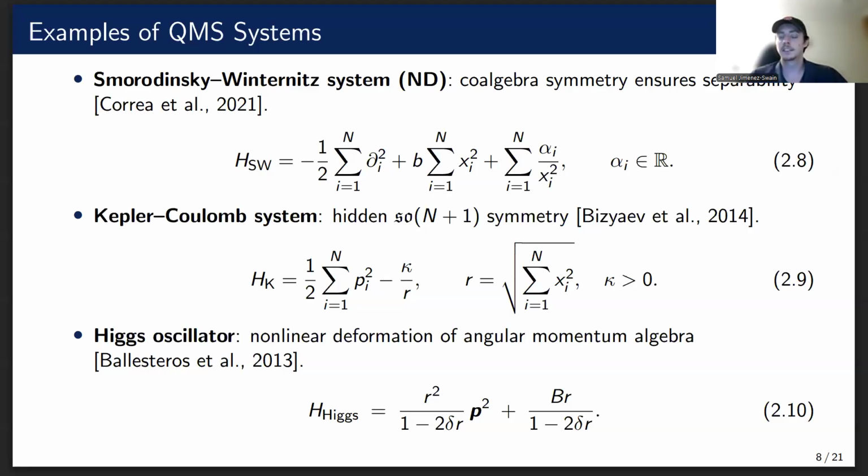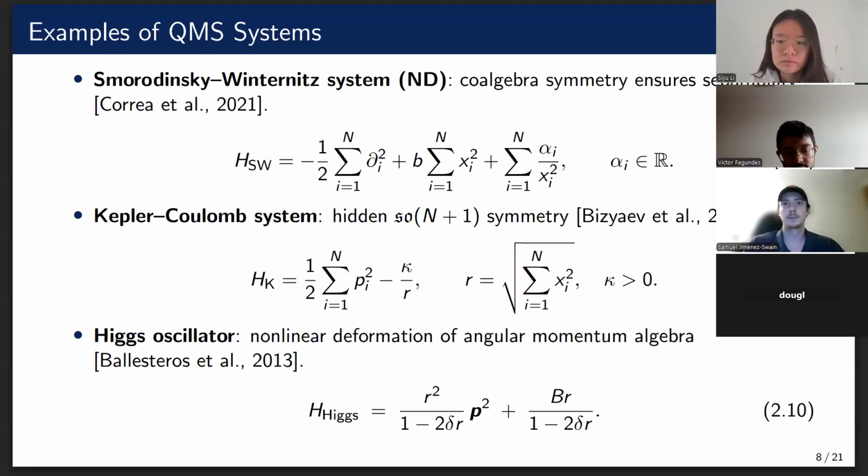Using the coalgebra construction, you can uncover the hidden SO(n+1) symmetry, and then you can generate conserved quantities associated with the Laplace-Runge-Lenz vector and angular momentum. And then the Higgs oscillator can be regarded as a nonlinear deformation of angular momentum algebra with a curvature-like parameter given by delta.